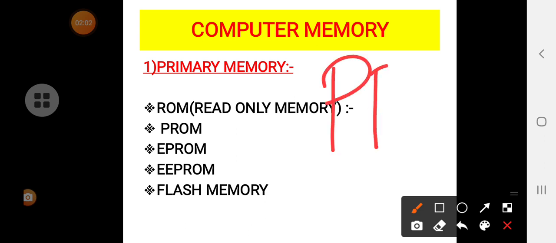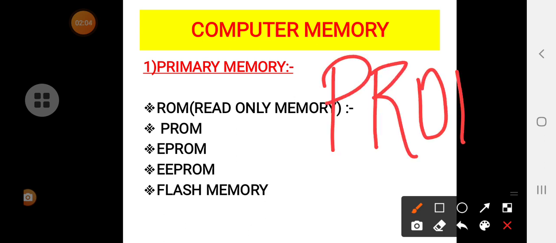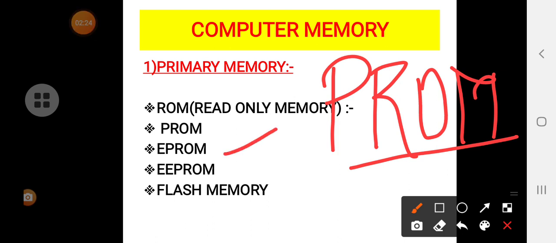PROM means programmable ROM. That is, the contents on the ROM can be erased and edited with the help of PROM programmers. Next is EPROM. EPROM means erasable PROM.